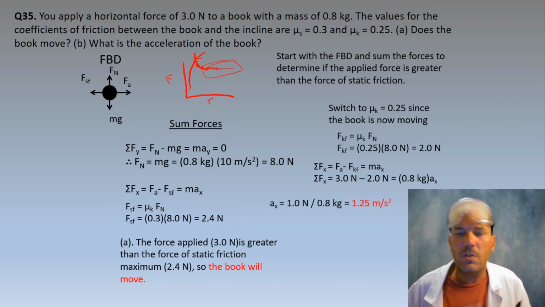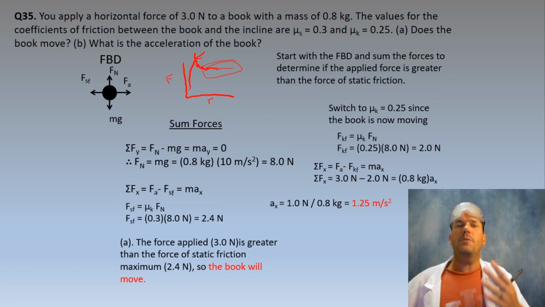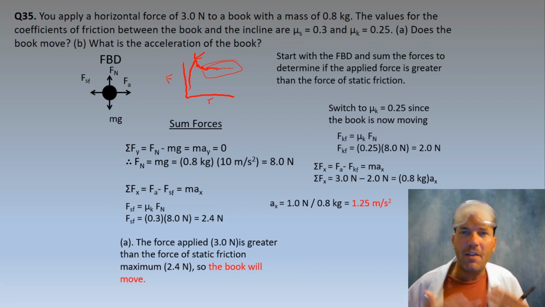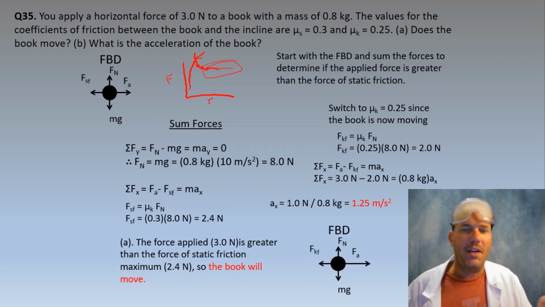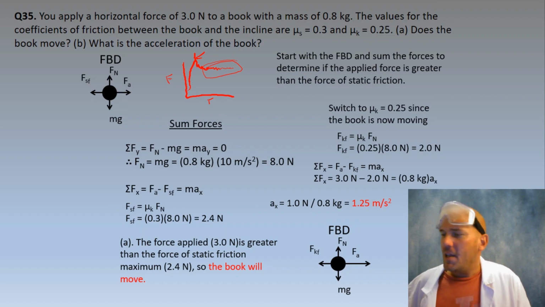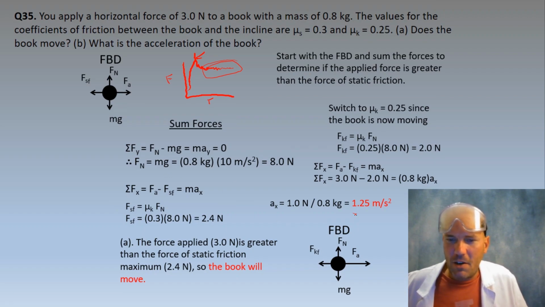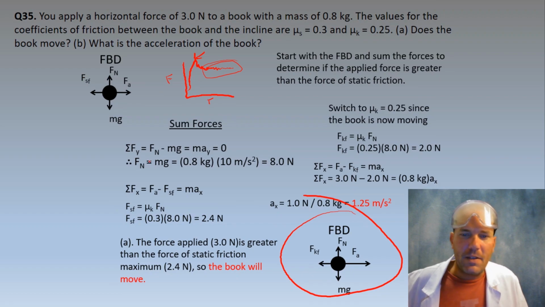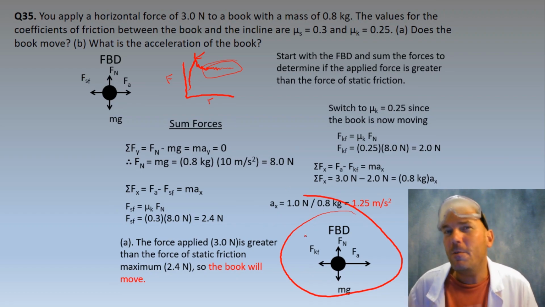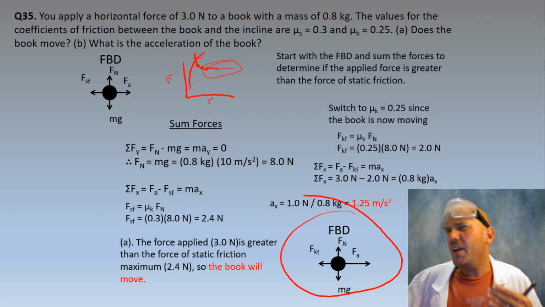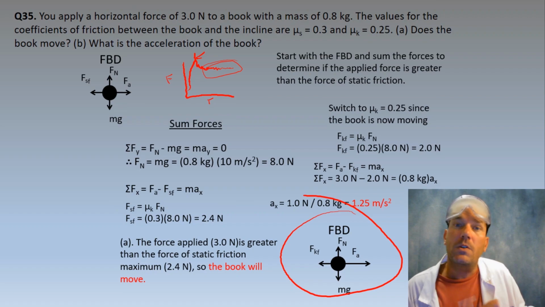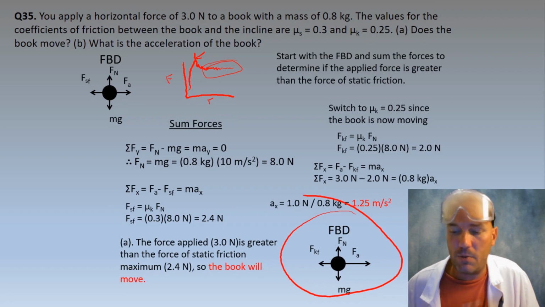Solving for the acceleration horizontally, we get a positive 1.25 meters per second squared, to the right. Now we can redraw the free body diagram and make it accurate, representing this vectorially. Show the force applied is greater in magnitude than the force of kinetic friction opposing that direction.